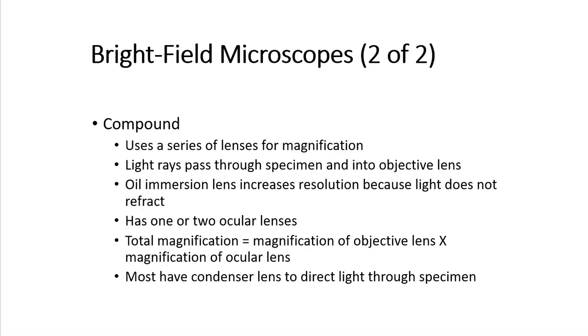A lot of times we will use oil immersion lenses. If you look at these microscopes, they usually have 4 little heads with different magnifications. All right, 4x, 10x, 40x, and oil are the standard ones.